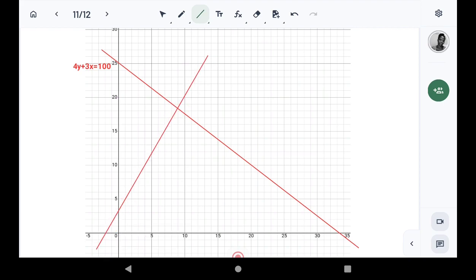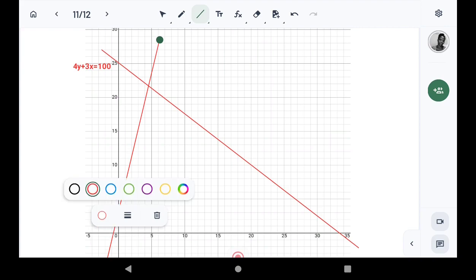Let's try and fix the other side. Let's fix this. Okay, let's change the color to blue.